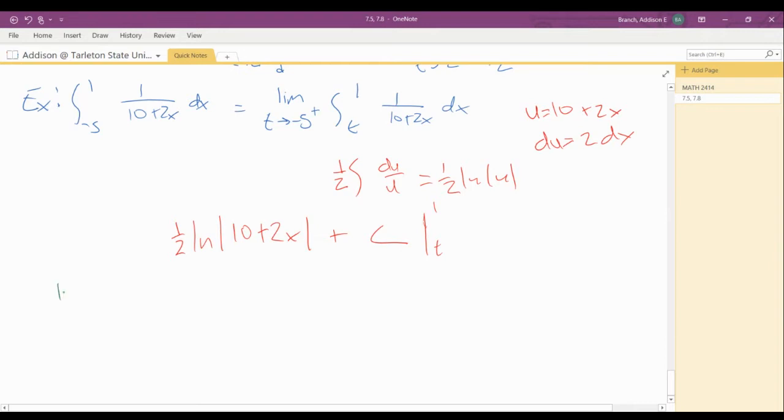It's where we get the limit as t approaches -5 from the positive of 1/2 times the natural log of 10 plus 2 times 1, minus 1/2 times the natural log of 10 plus 2t.